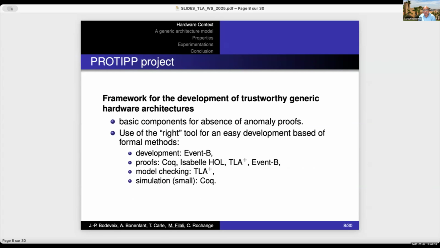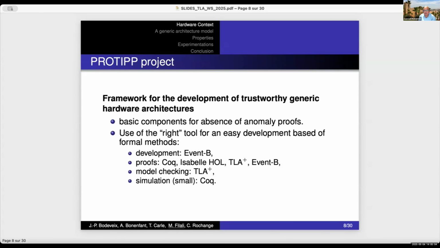So this work is done within what we call the PROTIP project, and our goal is to elaborate a framework for the development of trustworthy generic hardware architectures. In fact, we are mainly concerned with designing basic components for the proofs of absence of anomaly.